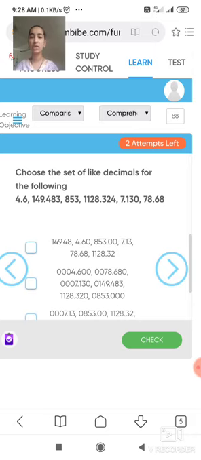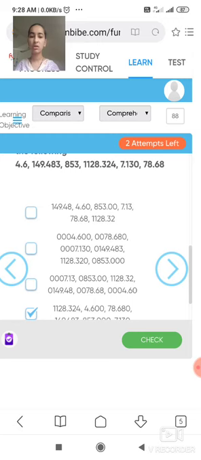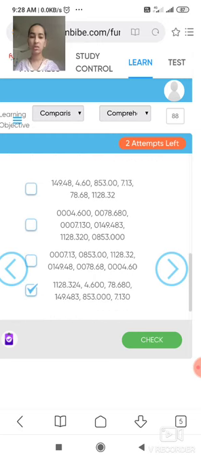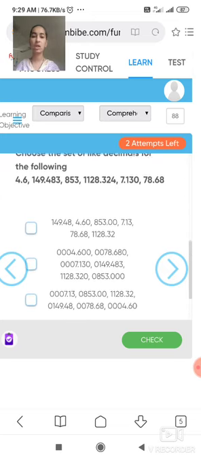So 4.6 can be written as 4.600. Okay, we have to see in which it is 4.600. Now you can see the second option has it, the third does not, but the last one also has it. So the second and the fourth are near to our answer, but we have to check the others also. 853 can be written as 853.00.